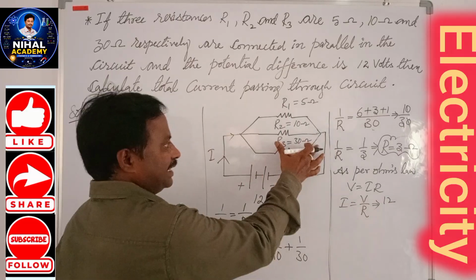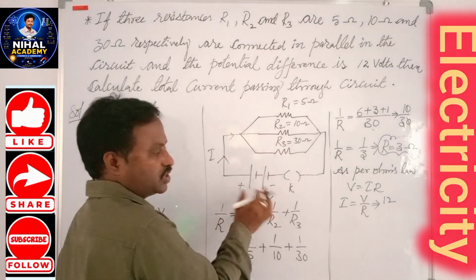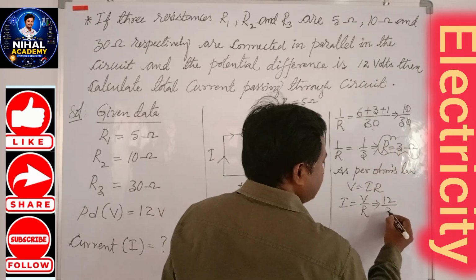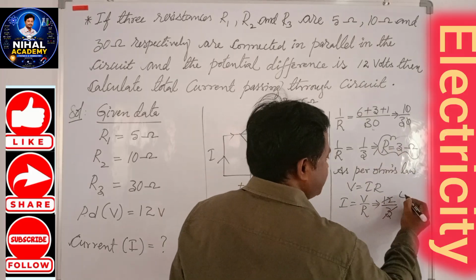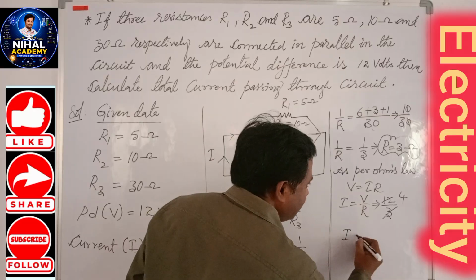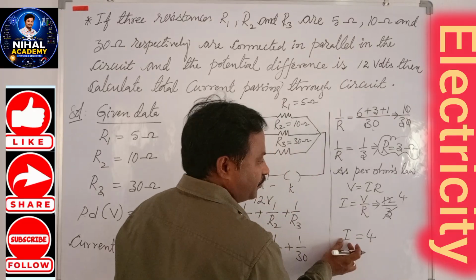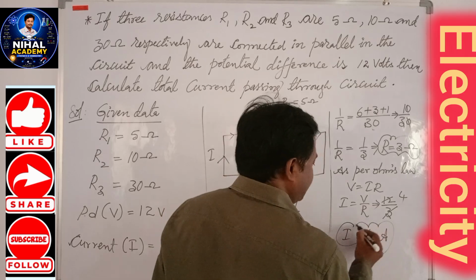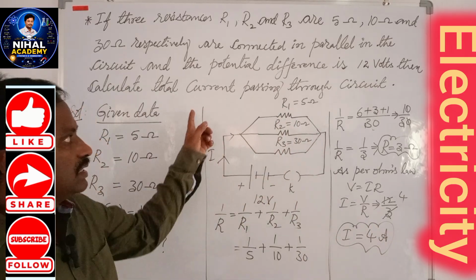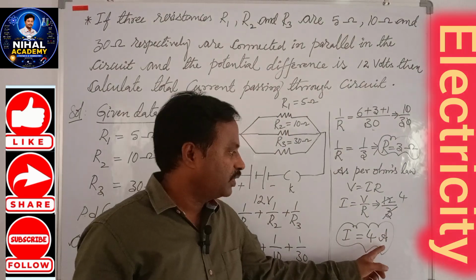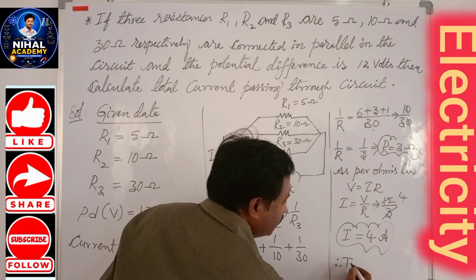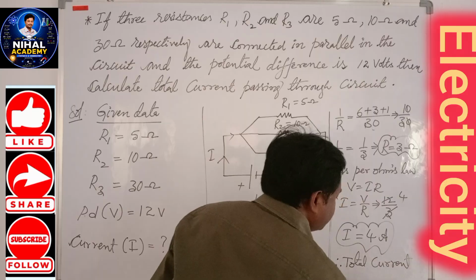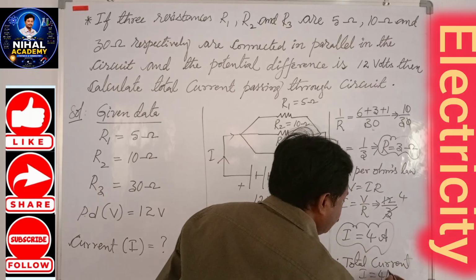We know that in the parallel connection potential difference is constant. So that is 12 volt by the total resistance 3 ohm. So 4 times cancel. Then the current I is equal to 4. The unit of current is ampere, so A. So what is the total amount of current passing through the circuit? That is 4 amperes. Total current I is equal to 4 amperes.